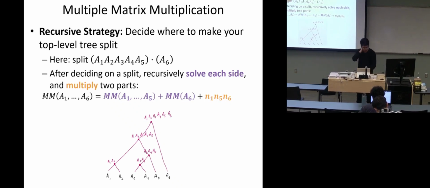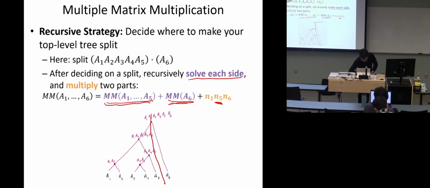Once you have computed the best way for each subproblem you recursed on, you take the cost of multiplying the results of both recursions together. That's the dimensions at the split: n1 times n5 times n6. The left product looks like a matrix of size n1 times n5, and the right product, which is the trivial one, is a matrix of size n5 times n6.